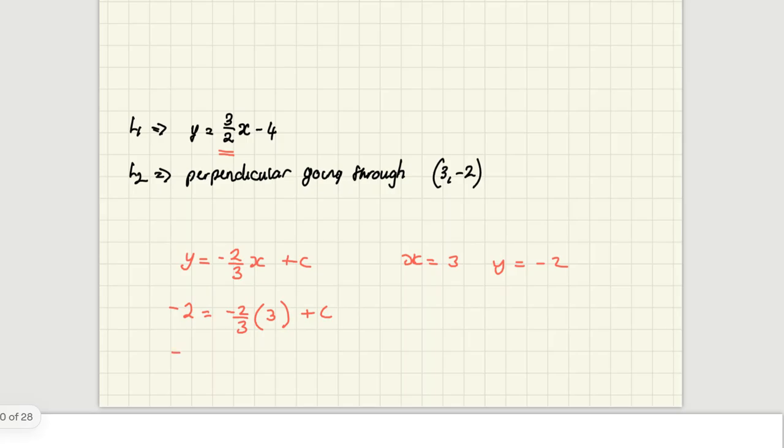It's equal to negative 2. So negative 2 is equal to negative 2 plus c. Therefore, c is 0. So it's just y equals negative 2/3 x. We don't bother writing plus 0. If you do, it's not a big problem.